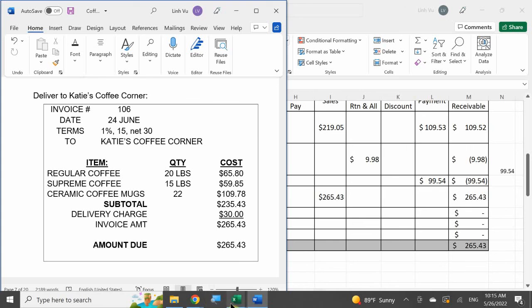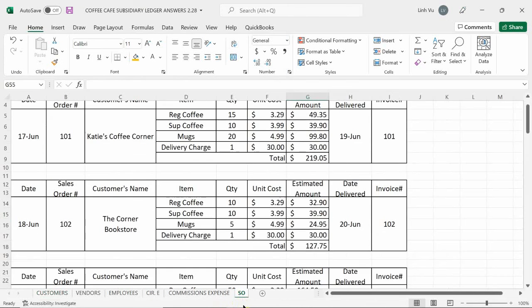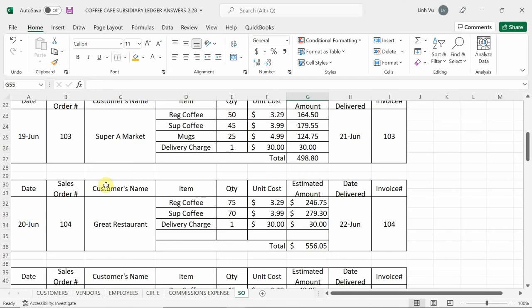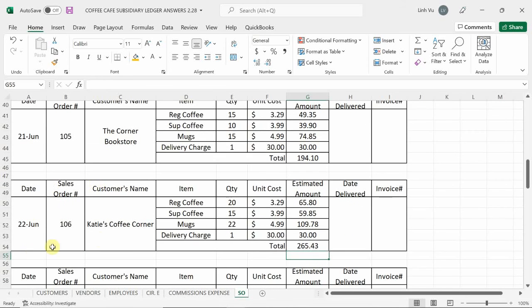Okay, so in this case, we need to first check off that the sales order has been completed. So let's take a look in the sales orders list. Okay, here you go. 106 Katie's Coffee Corner, for the 265.